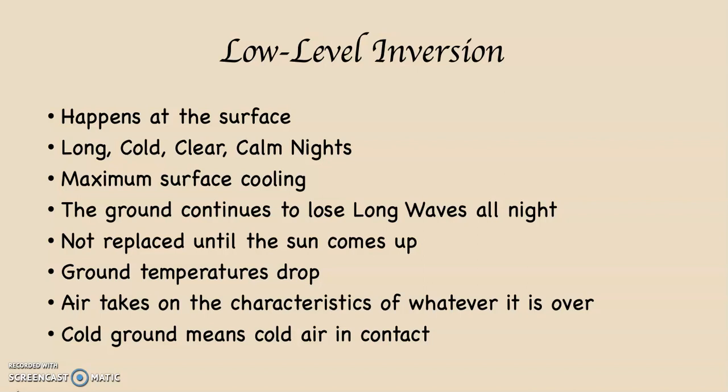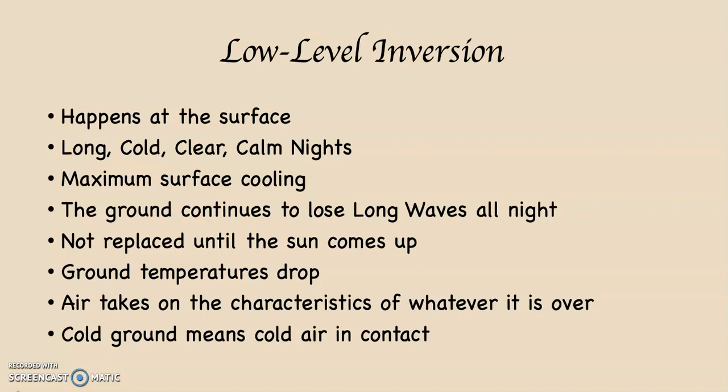I would compare it to this. If you took your hand and you put the palm of your hand down on a block of ice for about a minute, what's going to happen? The top of your hand isn't necessarily going to cool off, but the surface of your hand is going to get very cold because it's losing energy.